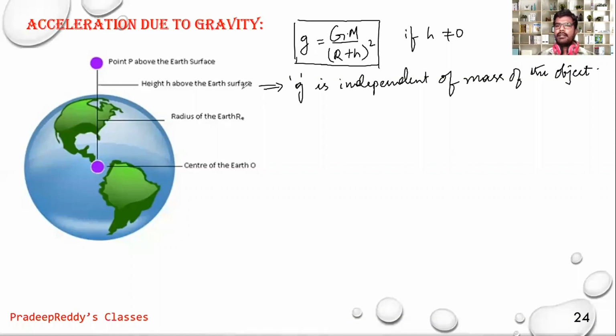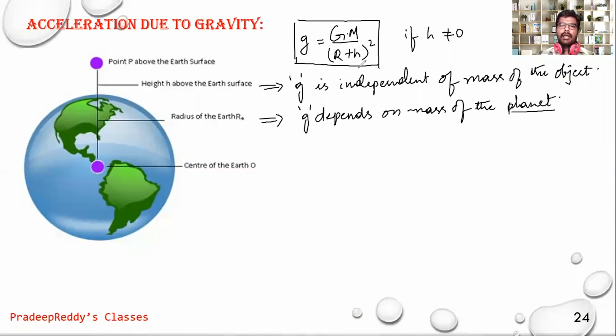So g is independent of mass of the object, and acceleration due to gravity depends on the mass of the planet. If you take mass of the earth and mass of Jupiter, they are not the same.